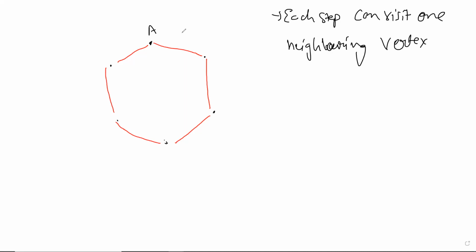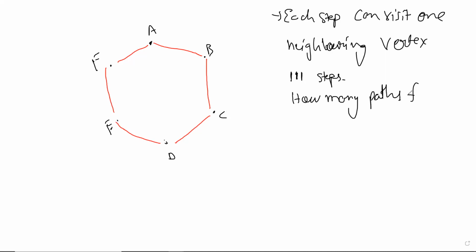We are initially at A, and then B, C, D, E, F are the vertices, and let's say that we have 111 steps. Okay, so the question is, how many ways, how many paths from A to D?